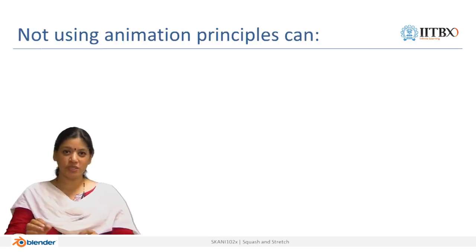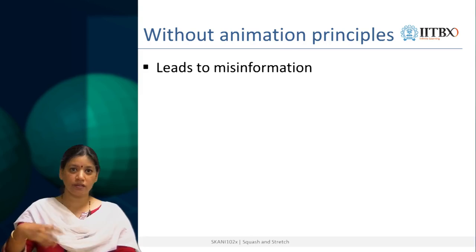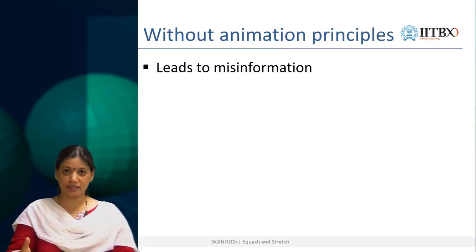What if we don't use this principle? As you have seen in animation A and B, the ball in animation A is like this. Will you agree to it? Because it is a soft ball, and in animation A, it looks very hard. So this is how it gives a misunderstanding about the material of that object.